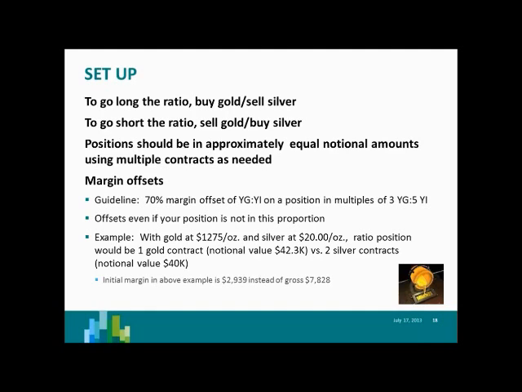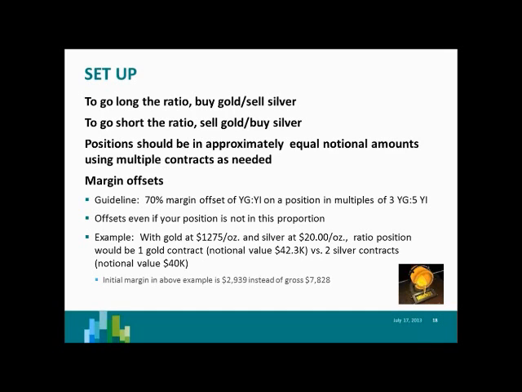The good news here is that even though you're using multiple contracts, there are significant margin offsets. And the general guideline for OCC, who clears our contracts and sets the margins, you get 70% margin relief in a series of 3 mini gold to 5 mini silver.